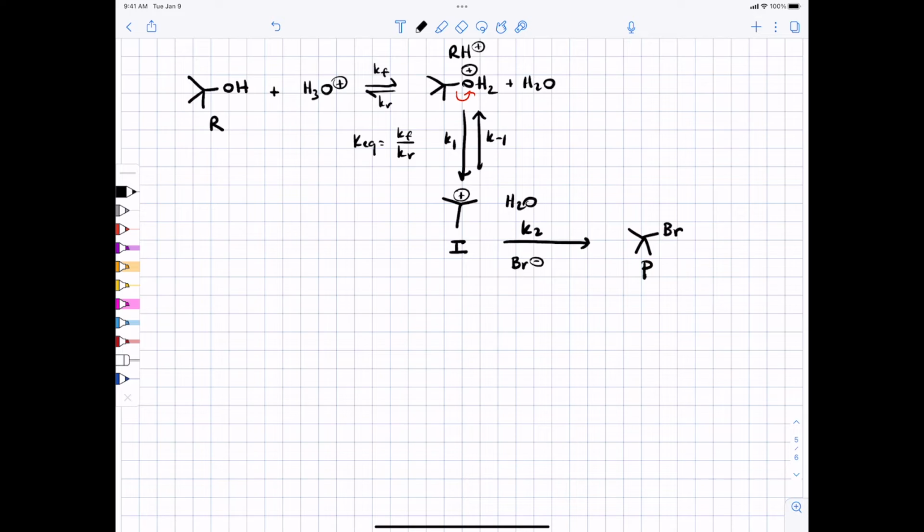Now, let's look at this first equilibrium expression. R plus hydronium goes to protonated alcohol RH plus and water.